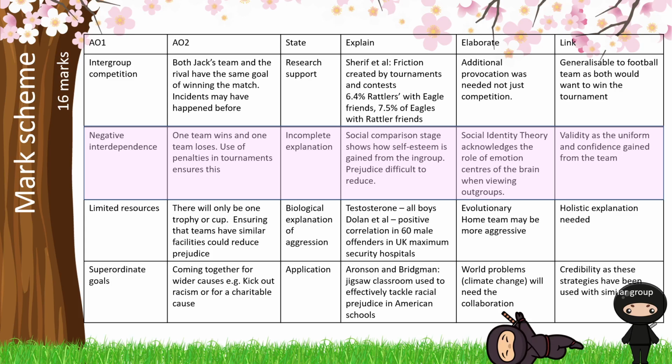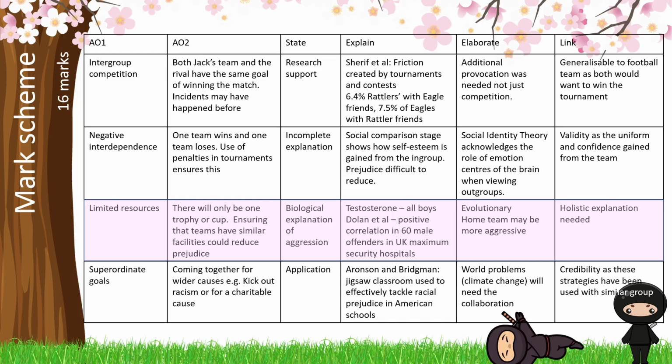And we've also got that link back to the stem and saying to what extent is this realistic conflict theory, the final argument. Because this is a to what extent question, we've also got a different explanation from a different area of the course, and I've gone for biological explanations in terms of testosterone. You can also talk about evolutionary explanations here, and therefore a holistic explanation is needed. We need to consider lots of different factors.